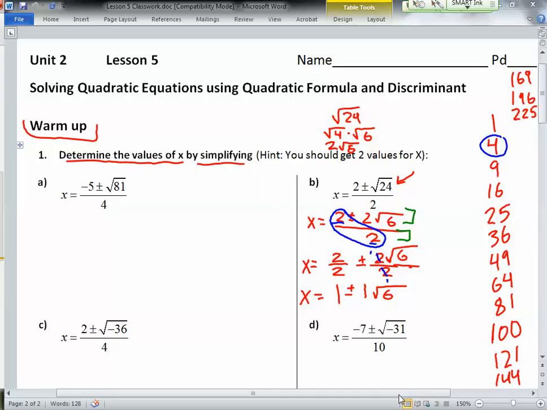And since it's just 1 times the square root of 6, that's just going to change to the square root of 6. So my final answer, I've got 2 answers. I've got x equals 1 plus the square root of 6, and I've got x equals 1 minus the square root of 6. Those are my 2 answers for that problem.